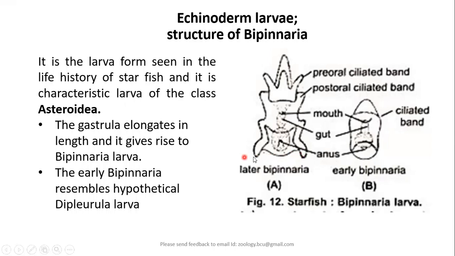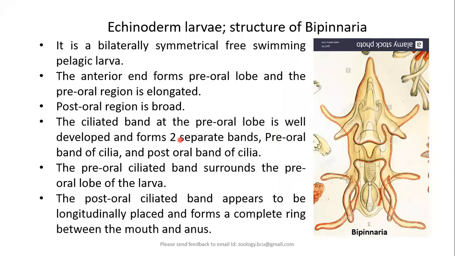We have seen Bipinnaria larva is formed from the Gastrula larva by its elongation in length and through an intermediate hypothetical Dipleurula larva stage, which is also called early Bipinnaria and is supposed to resemble the ancestor.